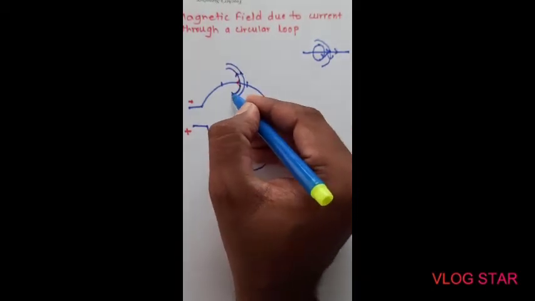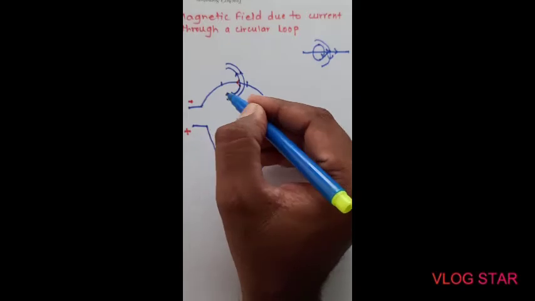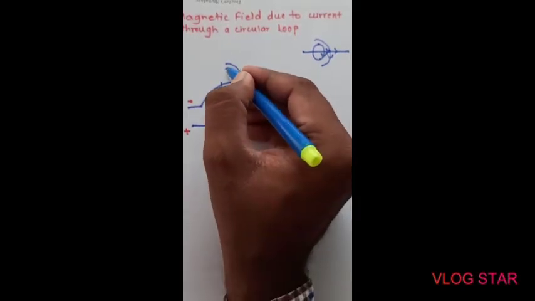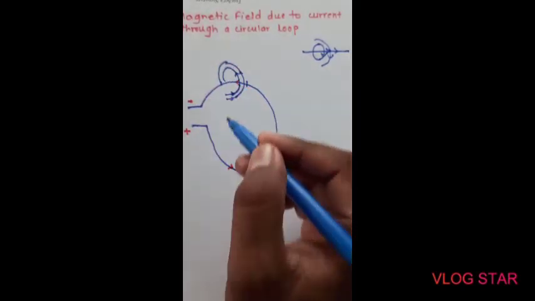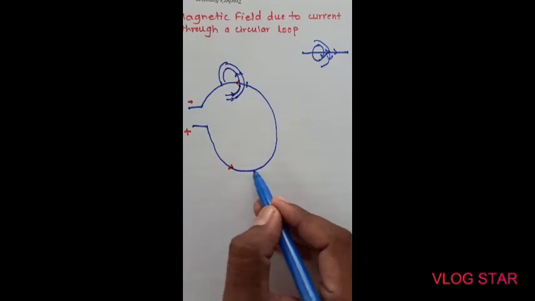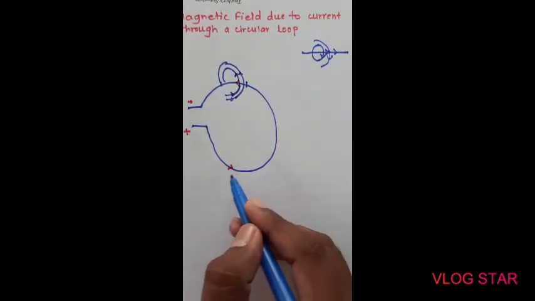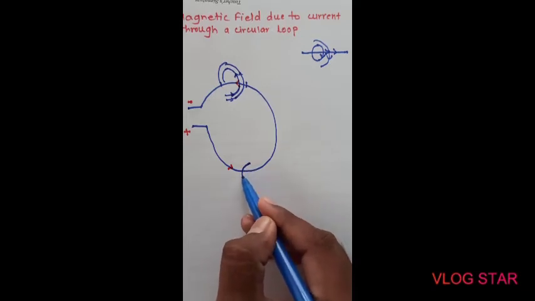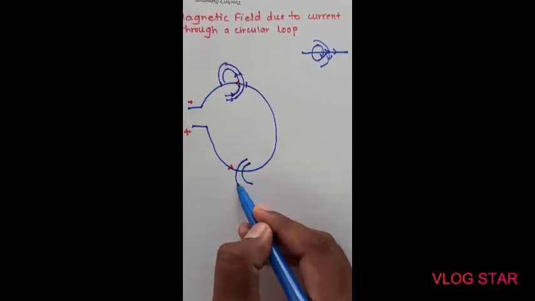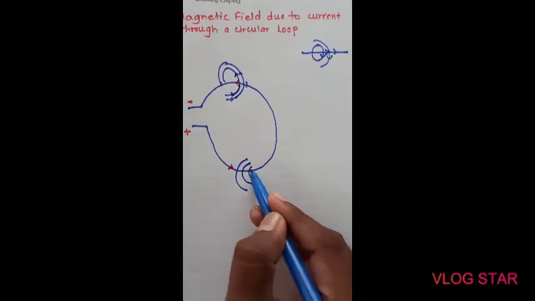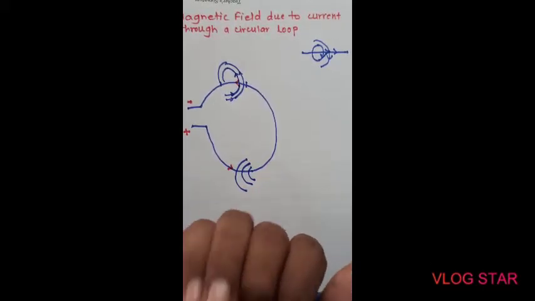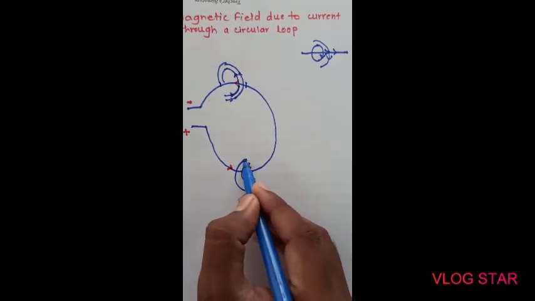So inside, look here, and these are closed curves. Similarly, here the direction is opposite to that of the upper, so here also are circular loops. Concentric circles near the conductor, and the direction upward means outside here.